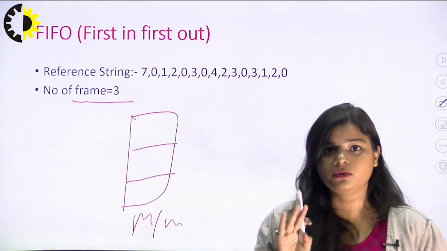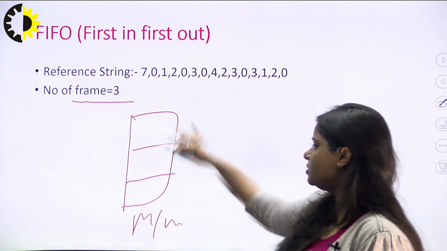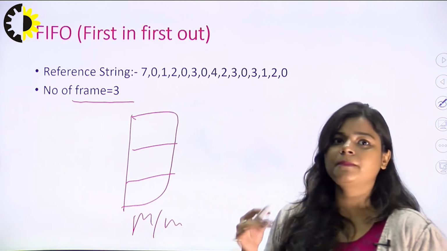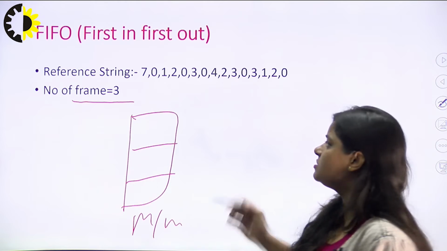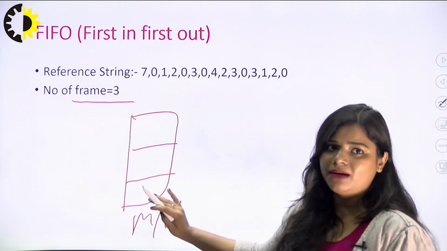We have only 3 locations where we can put these pages inside the main memory. After the filling of these 3 frames, we have to apply the replacement of pages. We can store at a time 3 pages in frames in main memory.